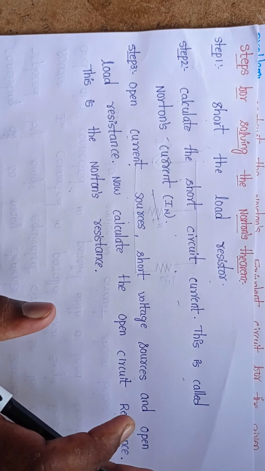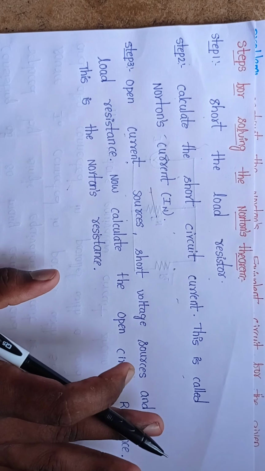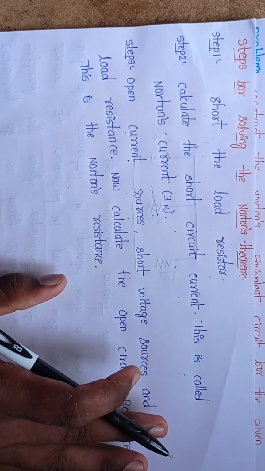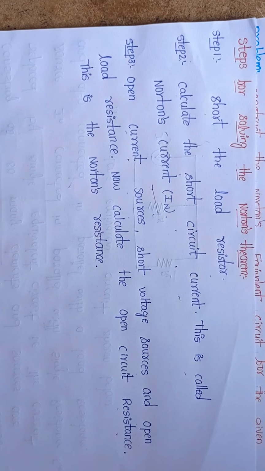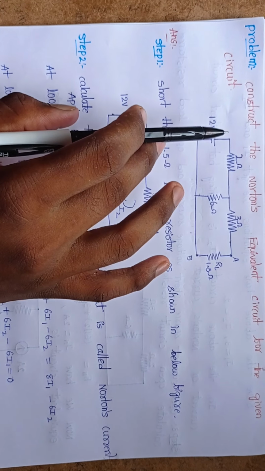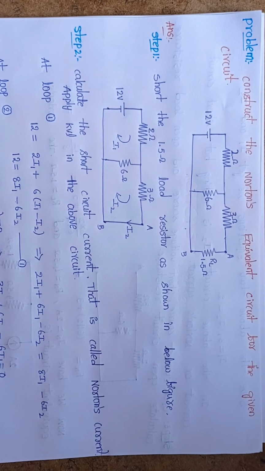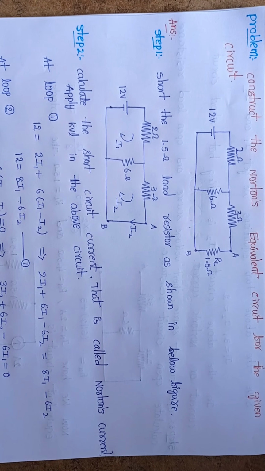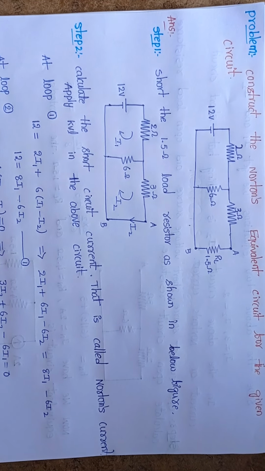Next we will see one problem on Norton's theorem, then we can be clear about it. The question is to construct the Norton's equivalent circuit for the given circuit. Here we have one circuit.